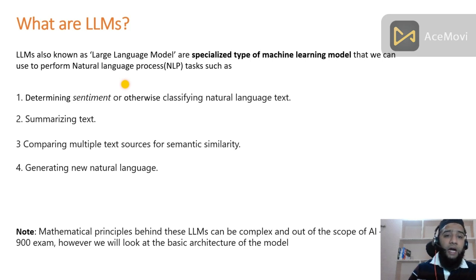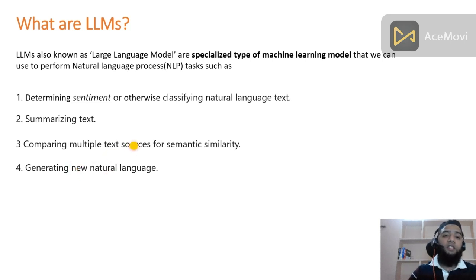So these are the tasks that an LLM can handle; it's designed to perform NLP, natural language processing tasks. It can summarize text. You give it a bulk of text and ask it to summarize, and it would do it for you. It can generate a natural language output, which we have already seen, and it can also compare multiple text sources for semantic similarity.